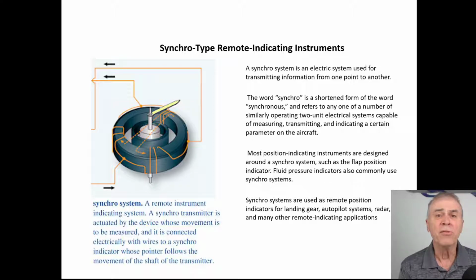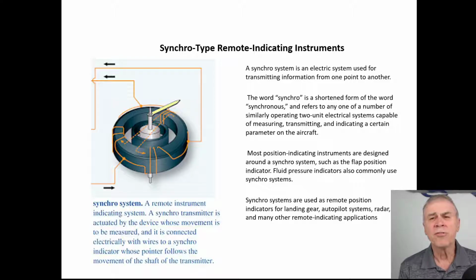This is more the position indicating type system. And there is a number of systems. We'll look at, I think, the three most common. And there's some differentiation between the different types. This is the one type, and we'll start with this one.